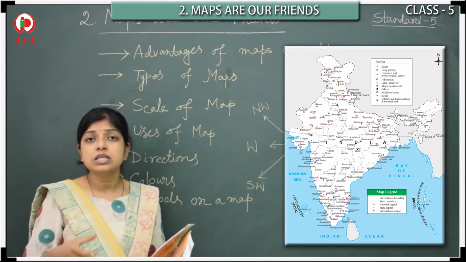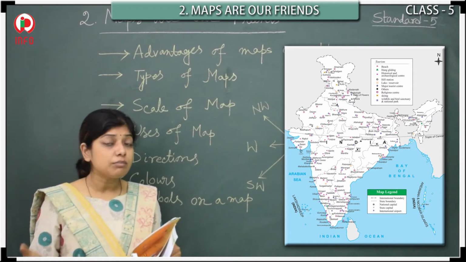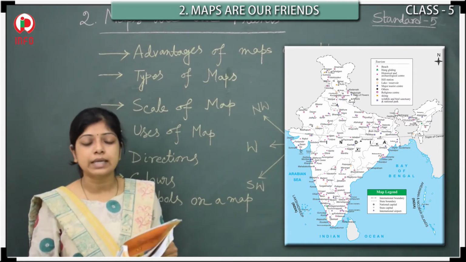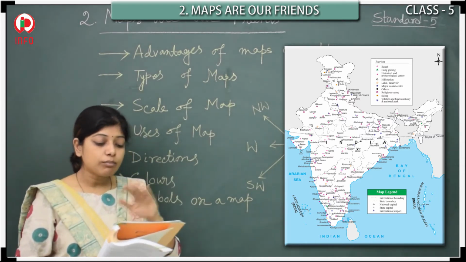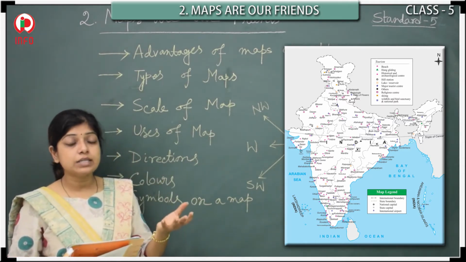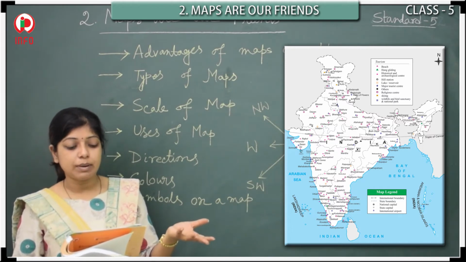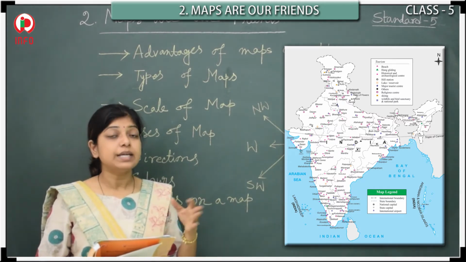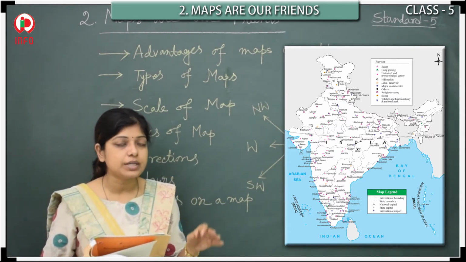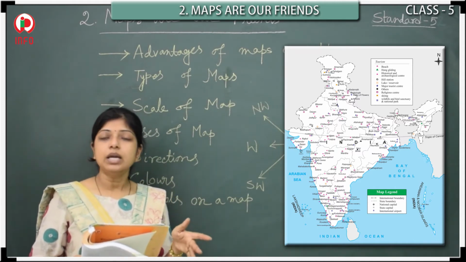So sometimes this kind of misconception or misunderstanding takes place. And one more thing, the mountains should be represented by browns or red. Hilly regions are by red, and the mountains are by browns.